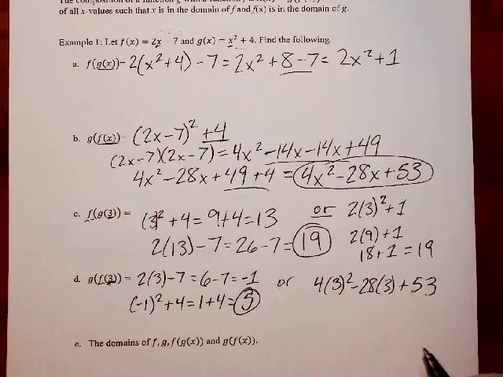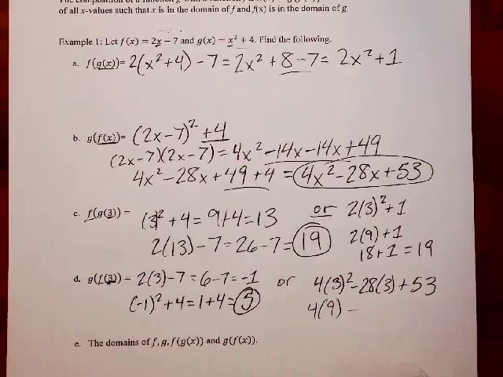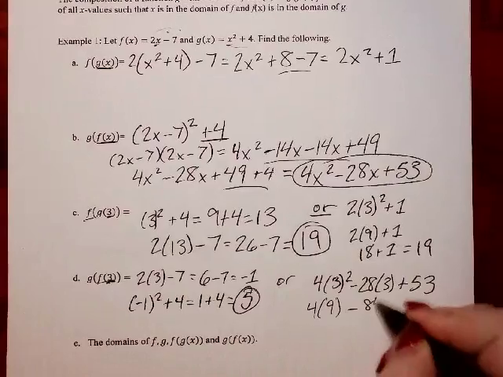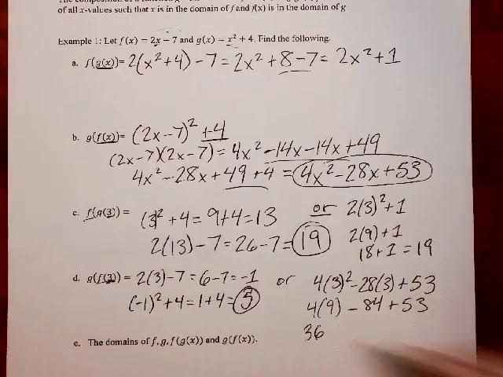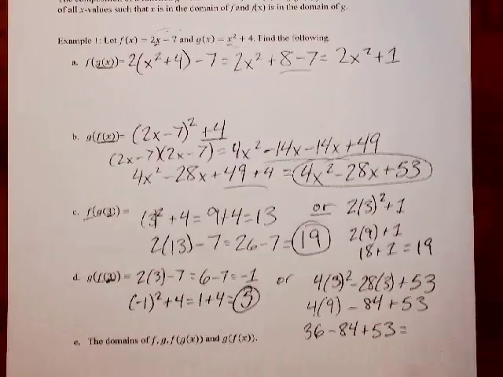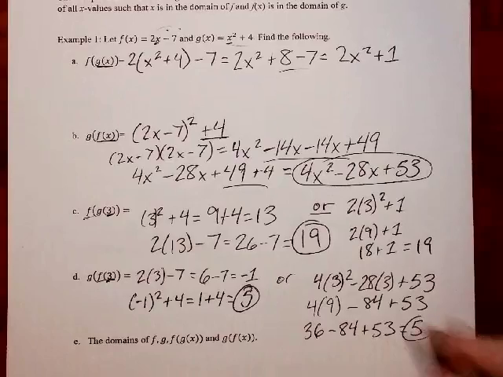So we get 4 times 9 minus 28 times 3, which is 84, plus 53. 4 times 9 is 36. 36 minus 84 plus 53 equals 5. So either method will work again.